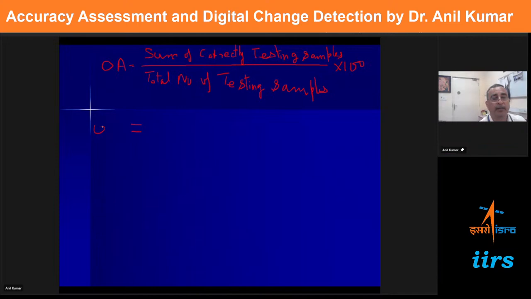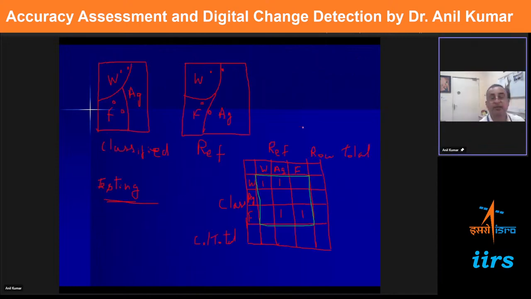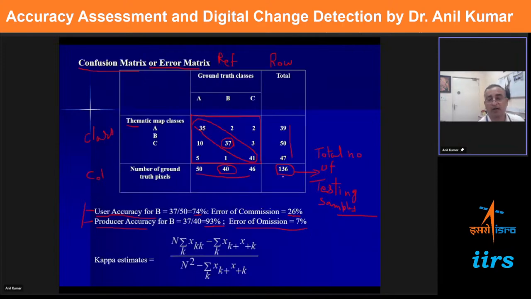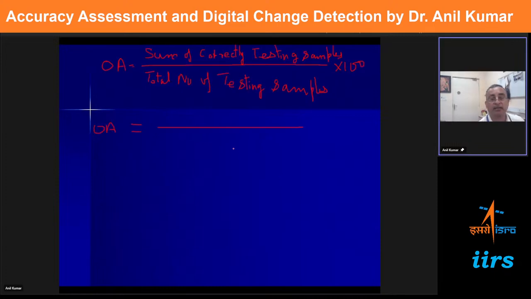I'm writing in short. So here, if you see your previous table which I've shown, the total number of testing samples were 136. So here this will be 136.